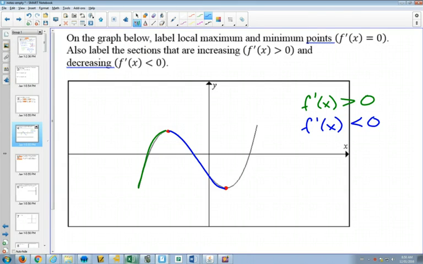And finally, the last section, any tangent that you draw there would be positive again. So we go back to green, and sure enough, that section is increasing from left to right. So in our green sections, our function is increasing, and in our blue sections, our function is decreasing.